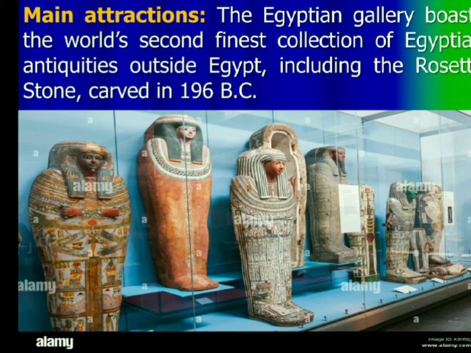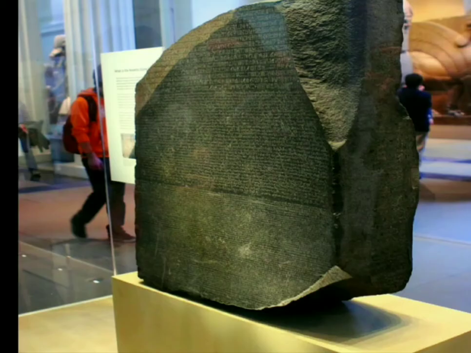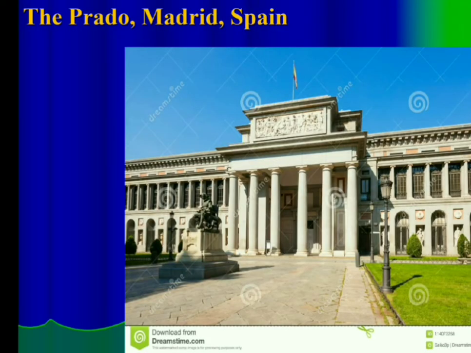The main attractions include the Egyptian gallery, which is famous, and the Rosetta Stone, which was the initial key for translation of ancient writings.